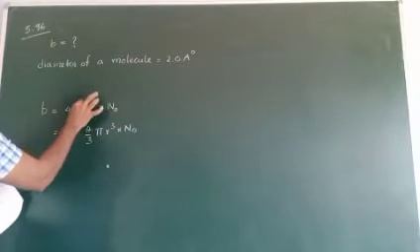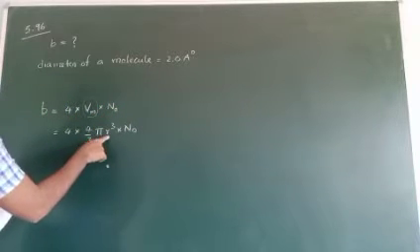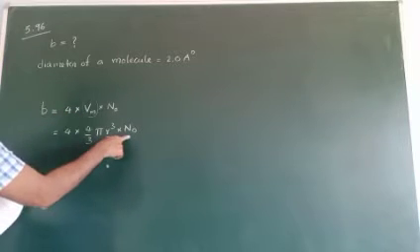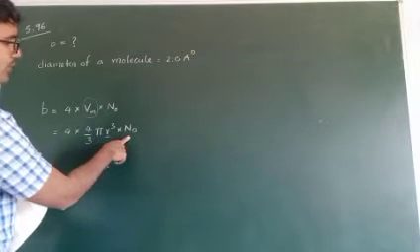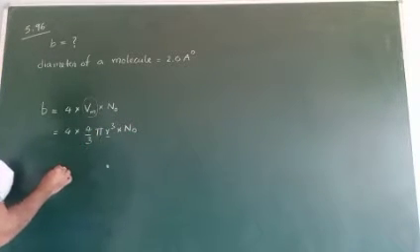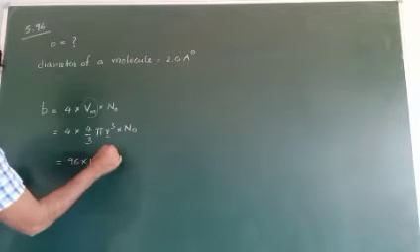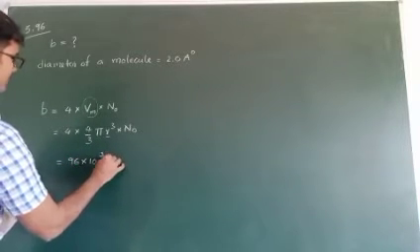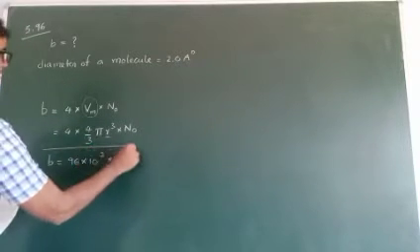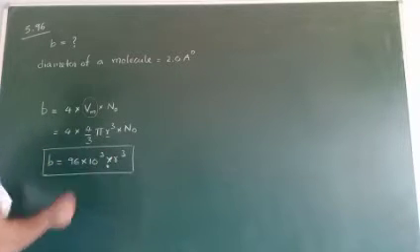How to calculate the volume of the gaseous molecule? That is 4/3 pi r cube, so r is required here. N naught means 6.023 into 10 to the power of 23 molecules. After this, one direct formula is given, that is 96 into 10 to the power of 23 into r cube. This is the shortcut formula for calculating B. Just remember this formula, all of you. Write in CW this formula.